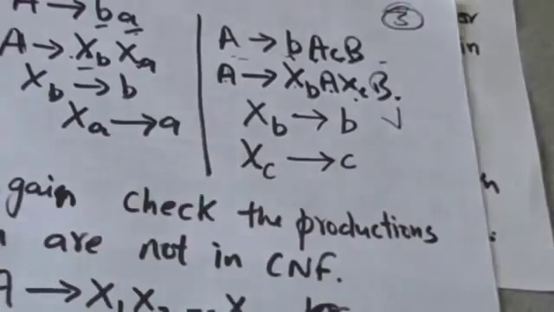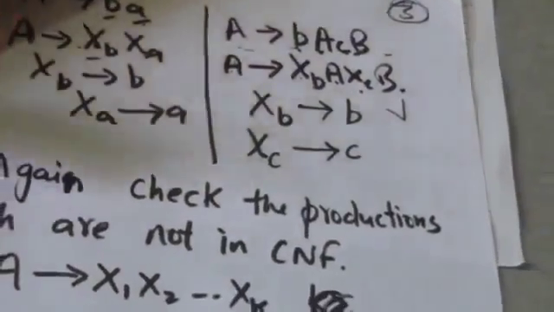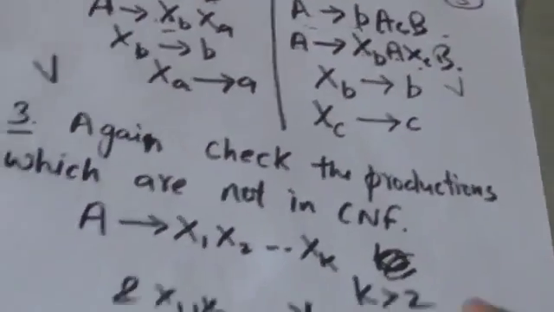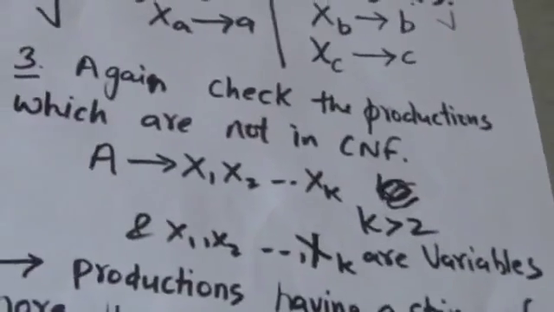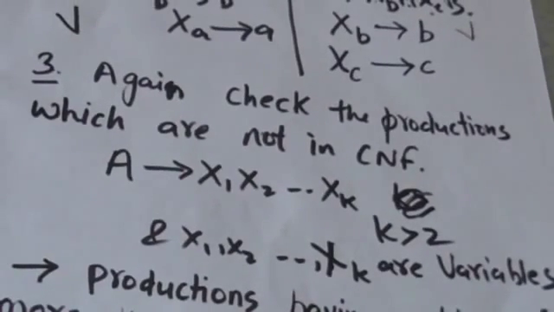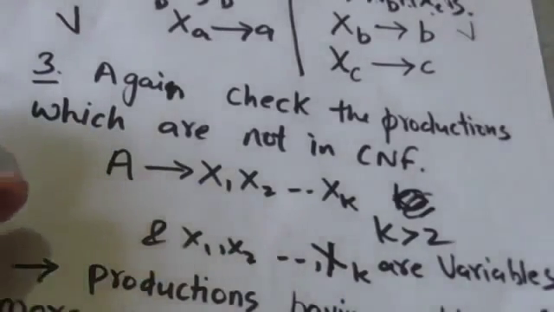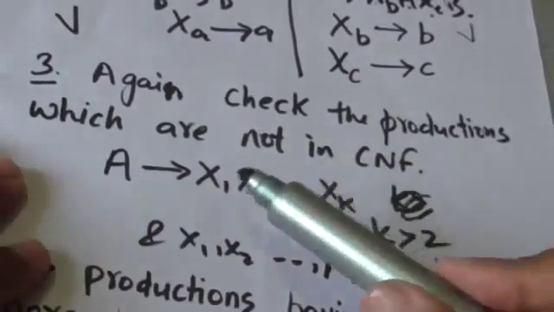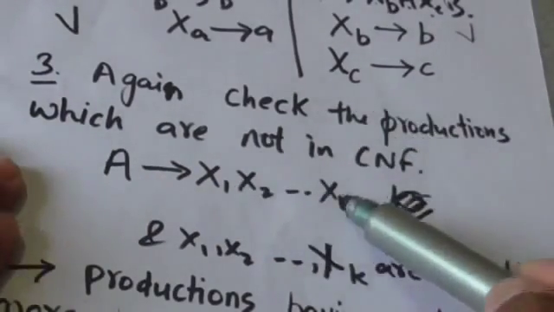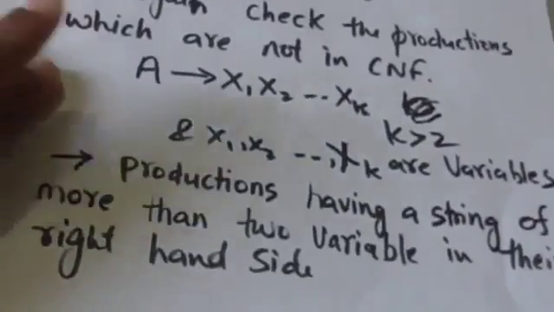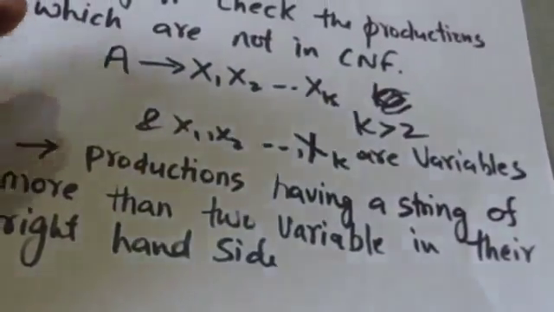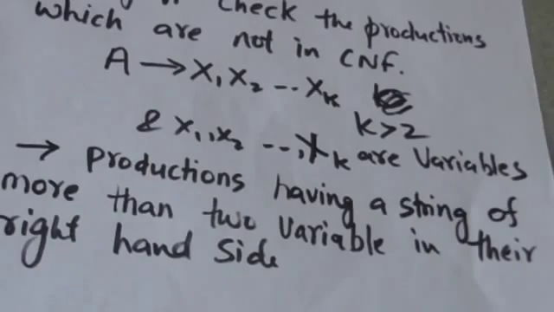Right? Now after performing this step, again check the productions which are not in CNF. Now the productions which are not in CNF, after performing this second step, will have a string of more than two variables in their right hand side. Right? Now what we have to do?